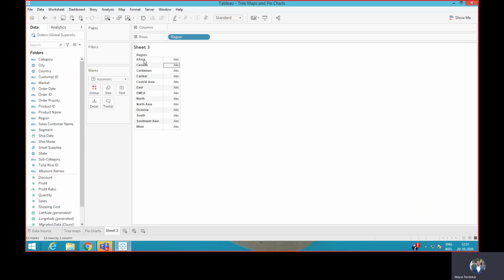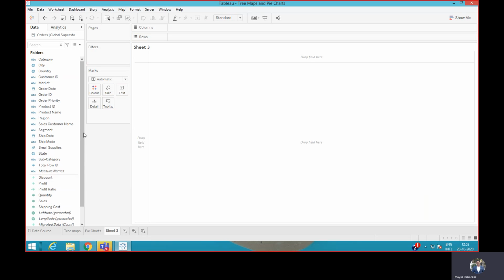The region has all of this: Africa, Canada, Caribbean, Central, and all of those aspects. And if you see the next thing, which is your market, let me see if we can see market over here. Yes, if I place market over here in rows, I'll be able to see just three or four regions.